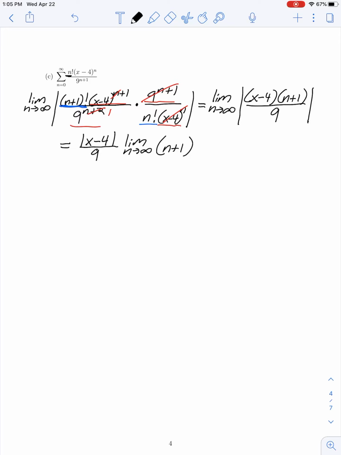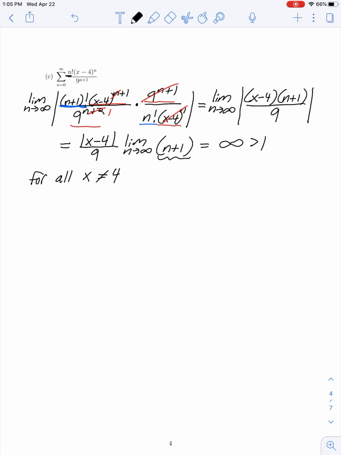So what we find here is the following: as n becomes infinitely large, n plus 1 diverges to infinity. So we have an infinite limit, which would be greater than 1 for all values of x which are not equal to 4.